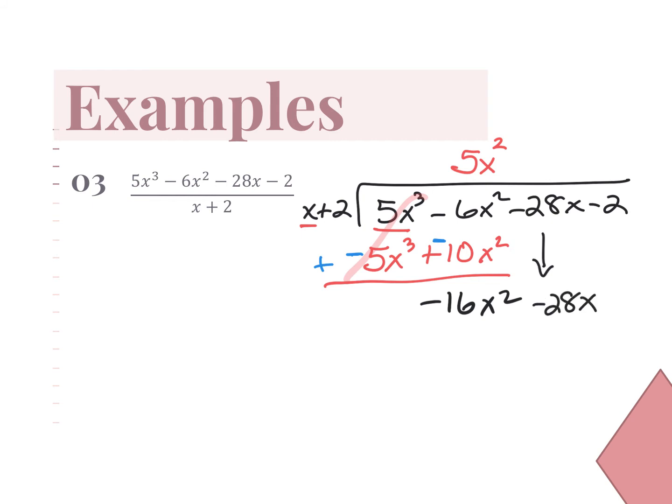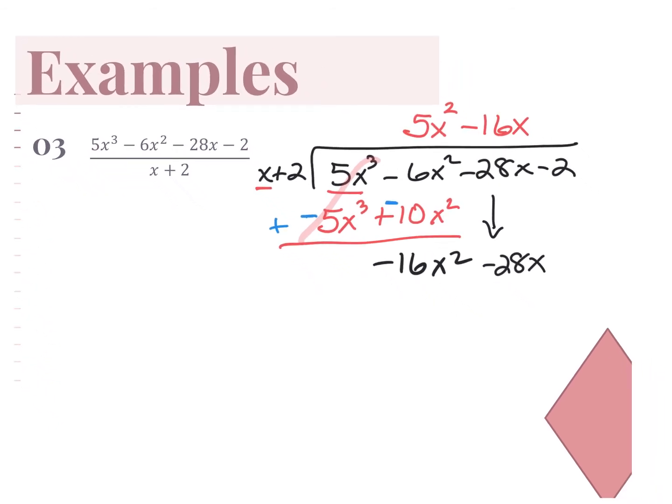What are we going to multiply x by to make it negative 16x squared? We're going to multiply it by negative 16x. Distribute negative 16x to the x and to the positive 2.